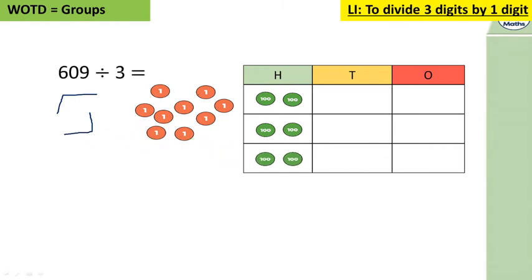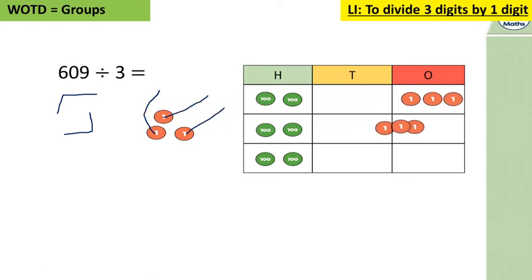Then we've got our 9. So if we divide this by 3, so how many 3's have we got in there? We've got 3 3's. So it's going to be 3 in each group.